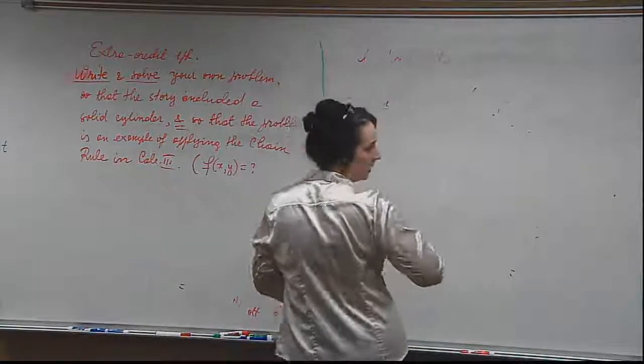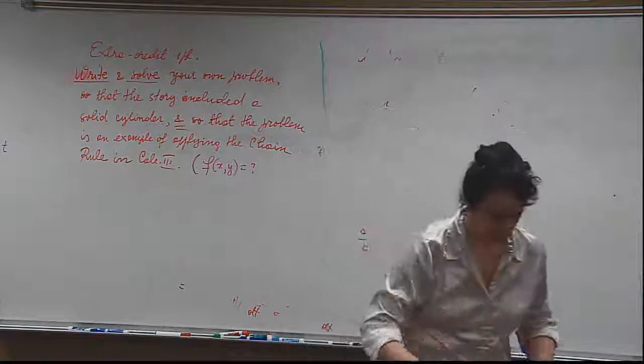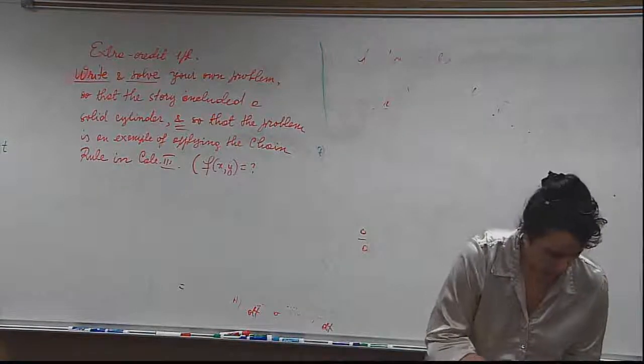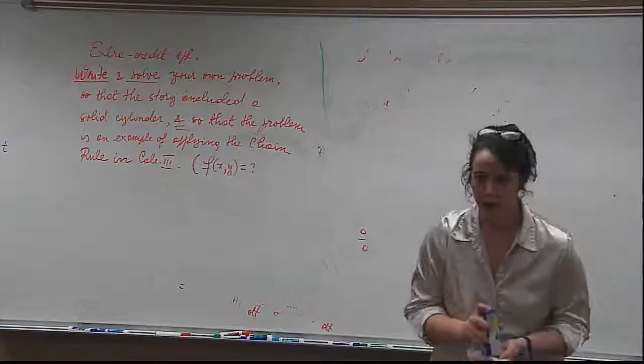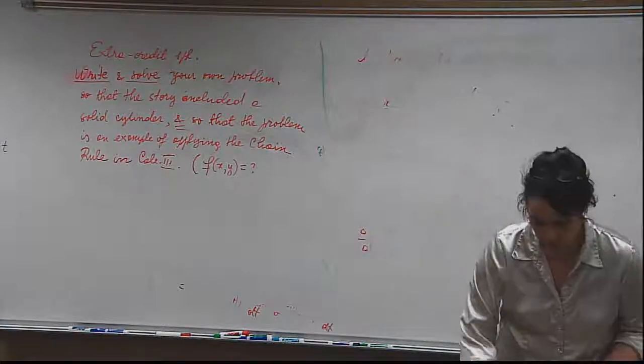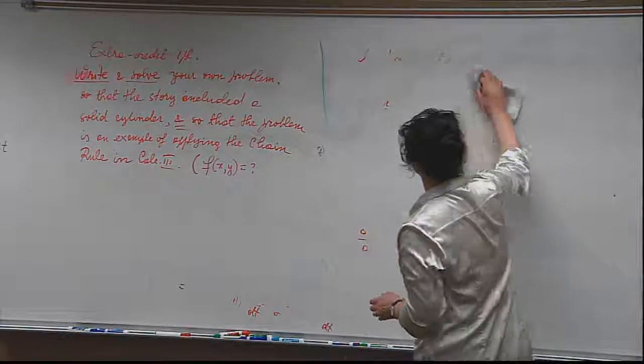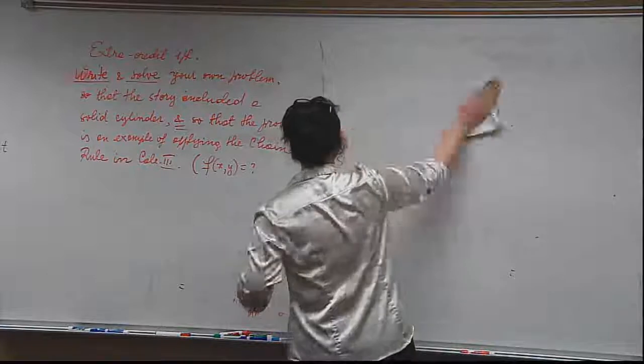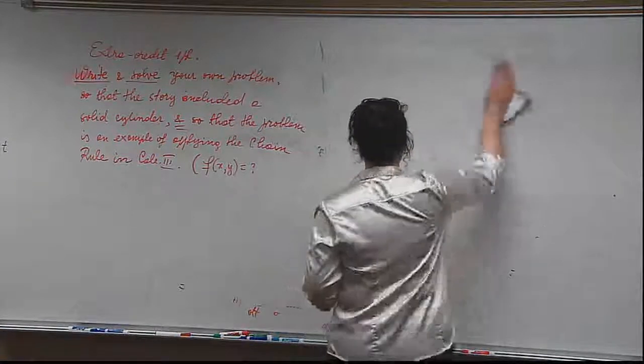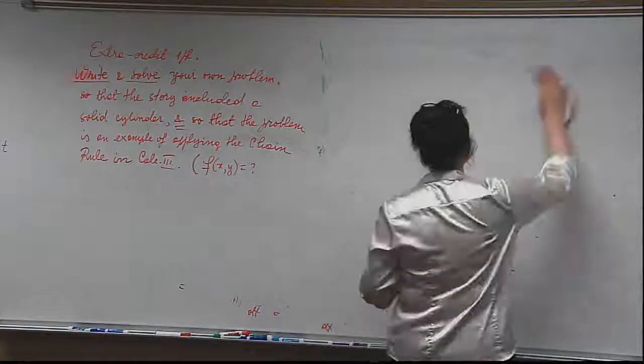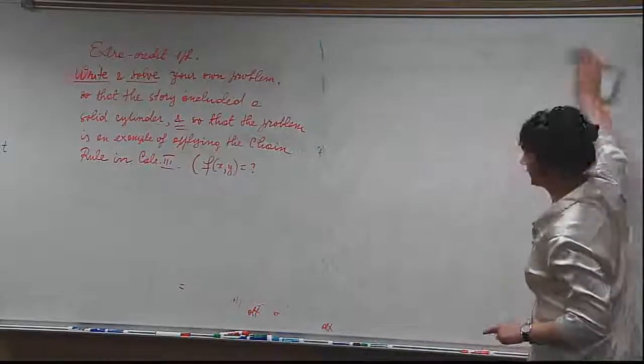Another example we give you in the book is the one where x and y, the variables of the function f, are not just functions of time t, okay? They themselves are functions of two other variables.